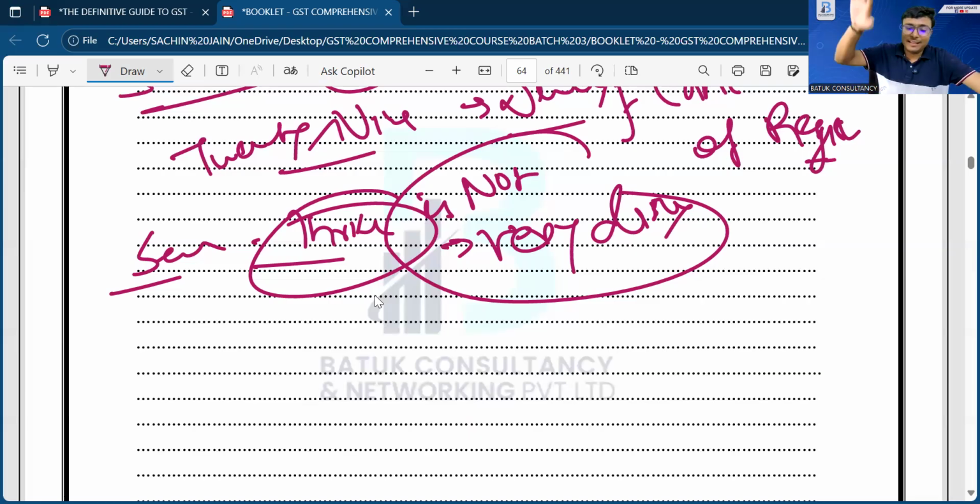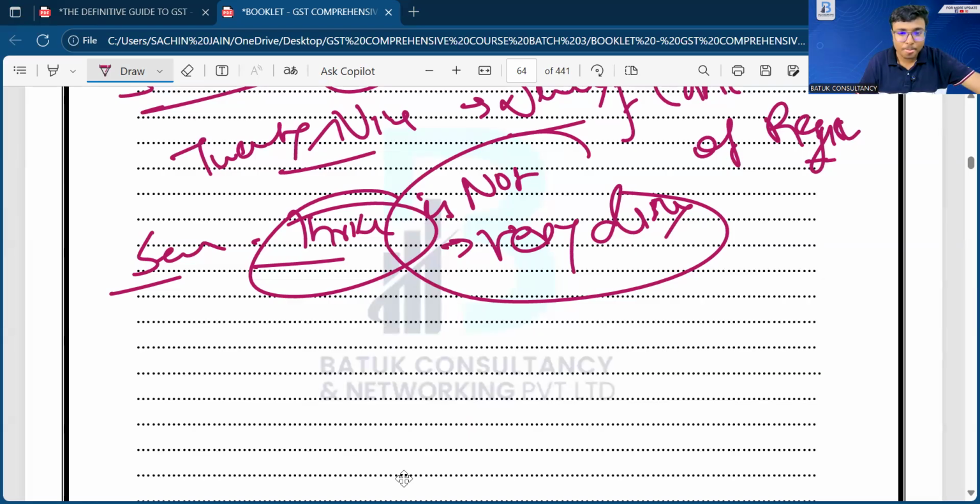Everyone, this registration bunch from section 22 till section number 30, okay for everyone? Yes, GSTN is PAN based, but in case of a casual taxable person, you have to take a separate registration.